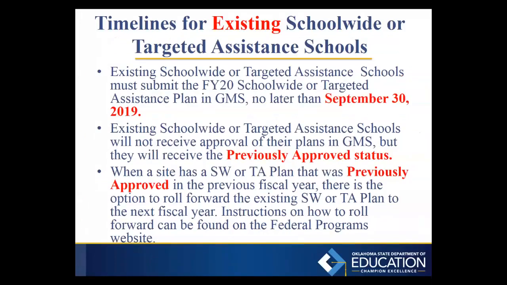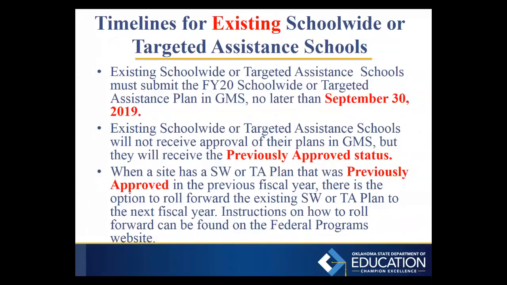This is the timeline for the existing school-wide or targeted assistance schools. This is for the existing ones, the ones that have already submitted in the past. Existing school-wide or targeted assistance schools must submit the FY20 school-wide or targeted assistance plan in GMS no later than September 30th, 2019.